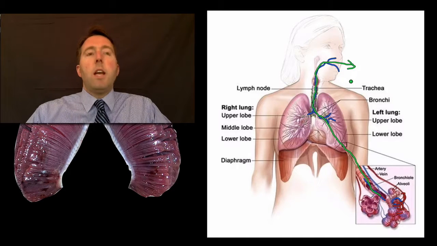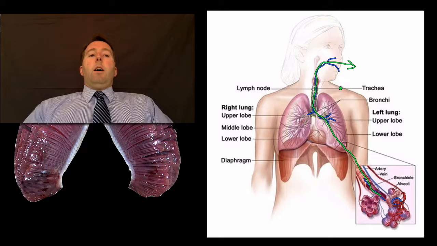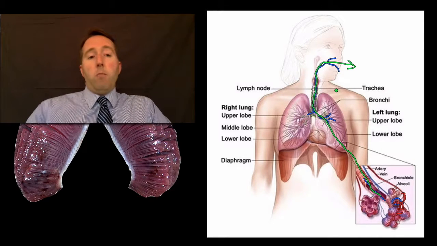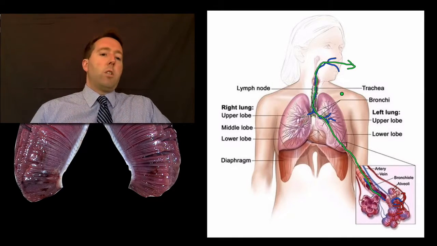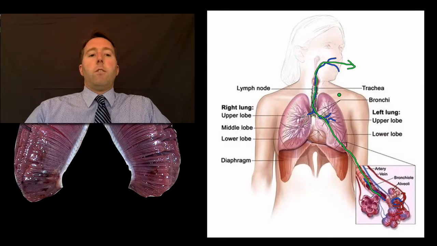So we're always breathing in air, which has oxygen in it, and breathing out air which has a greater percentage of carbon dioxide in it, because of our lungs, our bronchi, and our alveoli, which are transferring oxygen from the air into our bloodstream all of the time.